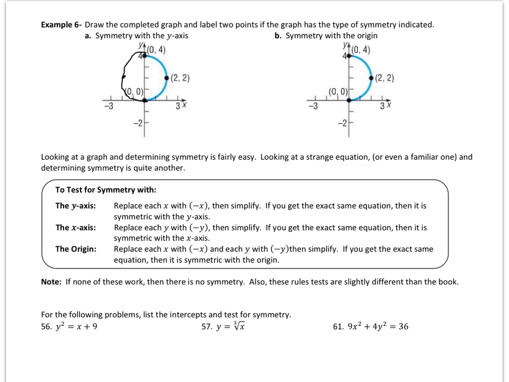So if I have 0, 4, what's another point on my graph? 0, negative 4. If I have 2, 2 on my graph, what else do I have? Negative 2, negative 2. And if I have 0, 0, I also have 0, 0. So that one looks like that.